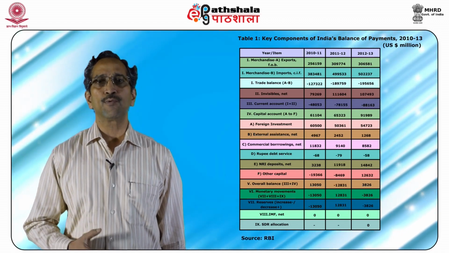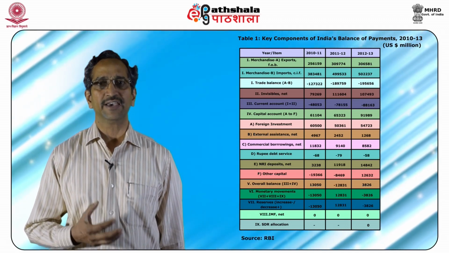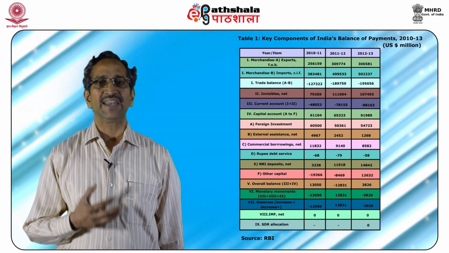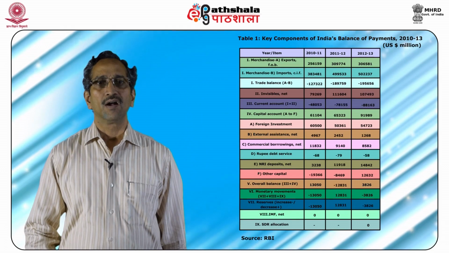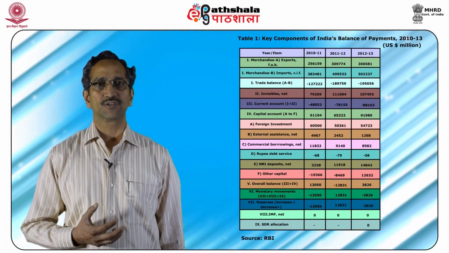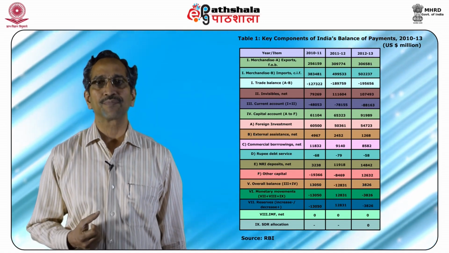The merchandise imports are greater than exports in the 3 years presented here, indicating a negative trade balance or trade deficit. The capital account includes foreign investment, both FDI and FII.